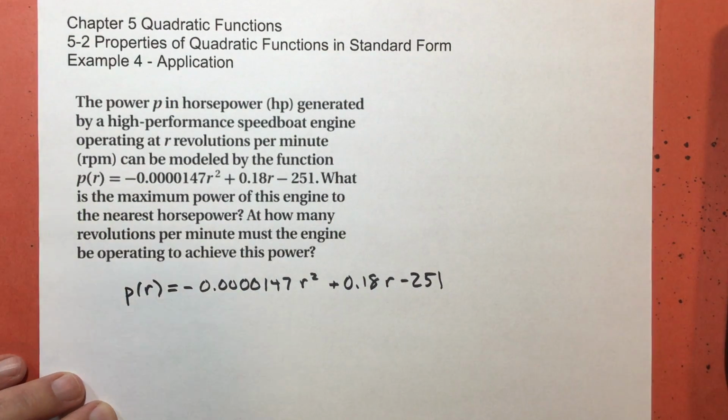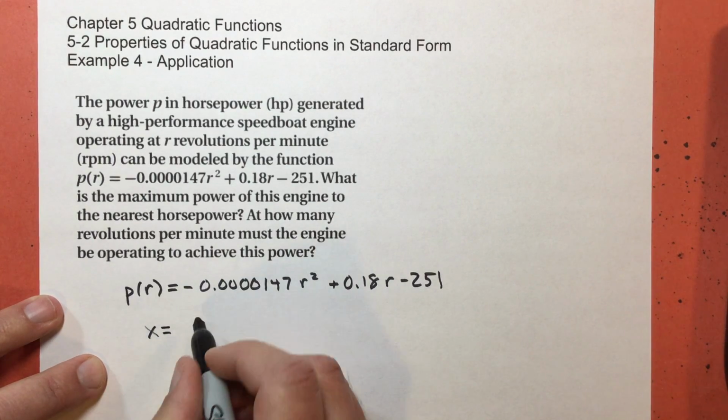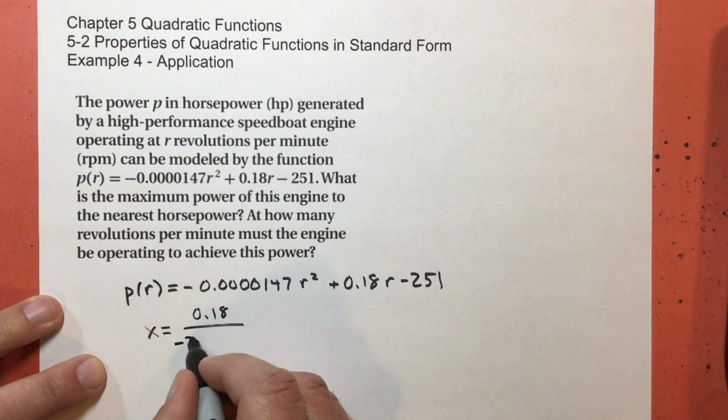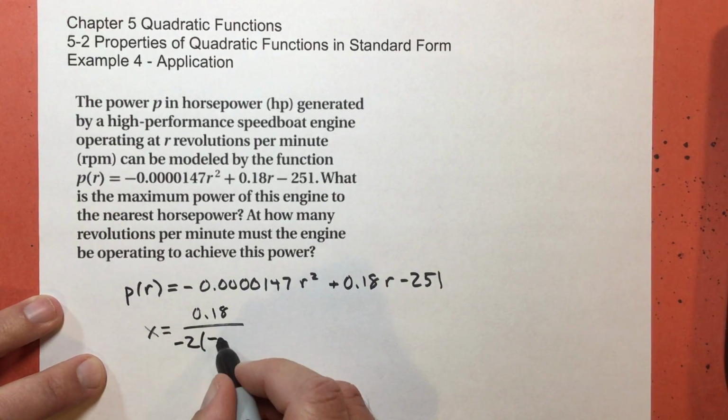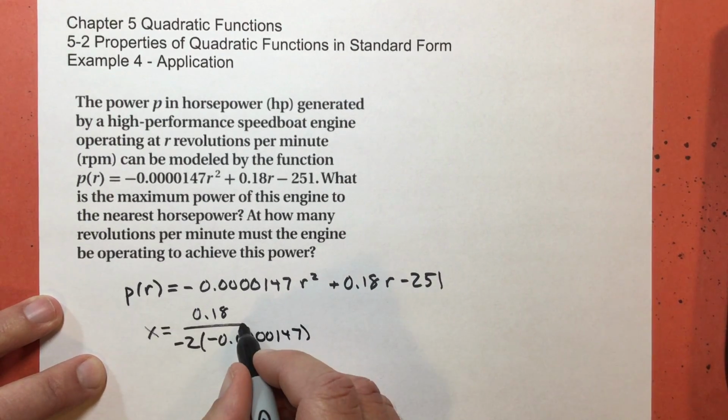My axis of symmetry is going to be B, which is 0.18, divided by -2 times A, which is -0.0000147.